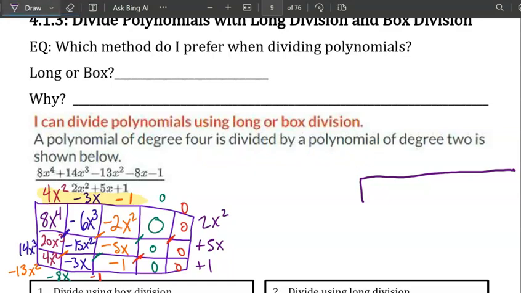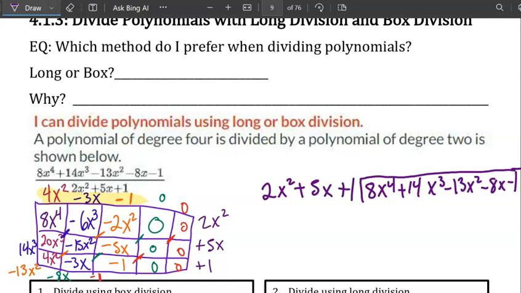And then from there, we'll write the dividend, the numerator, on the inside: 8x to the fourth power plus 14x cubed minus 13x squared minus 8x minus 1. And then the divisor, the denominator, goes on the outside: 2x squared plus 5x plus 1.